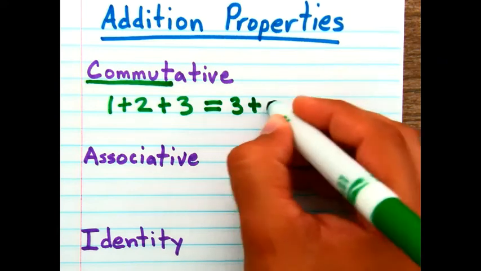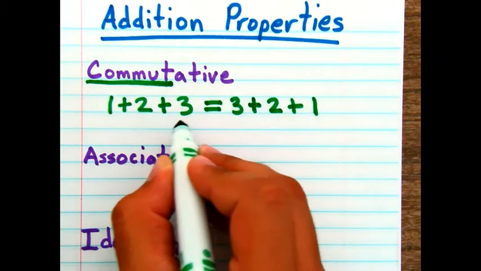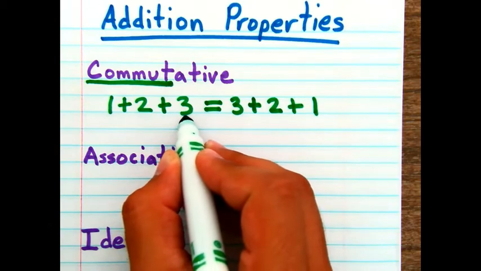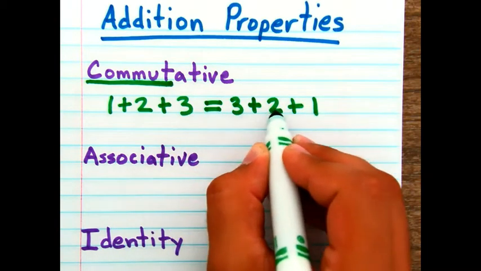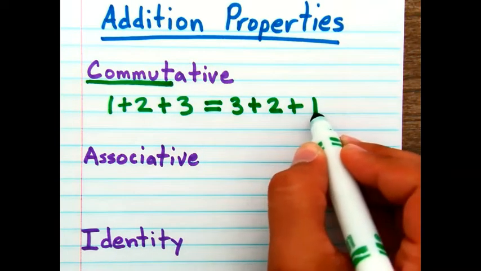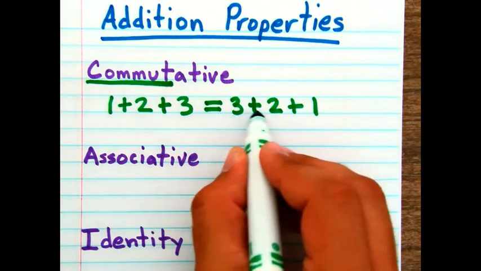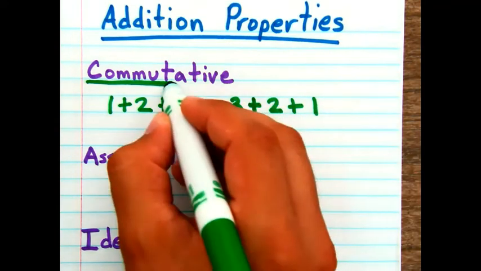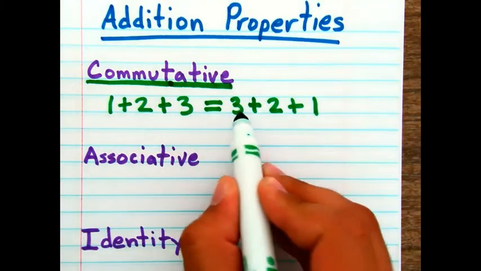So the numbers 1 plus 2 plus 3 will equal 6, just as 3 plus 2 plus 1 equals 6. It doesn't matter which way they go. Commutative property says they will be equal either way.